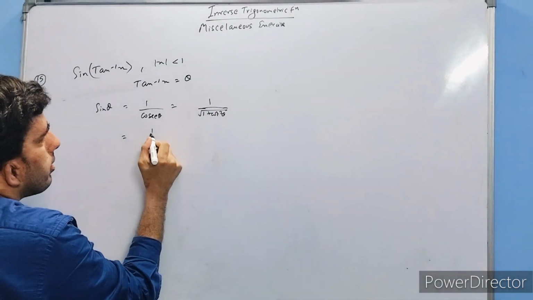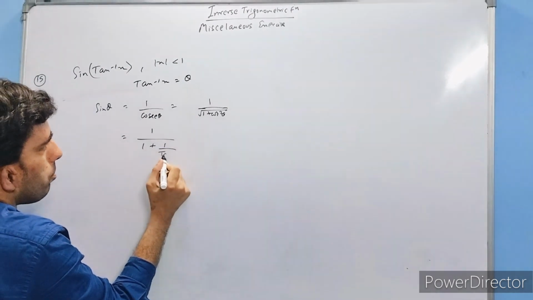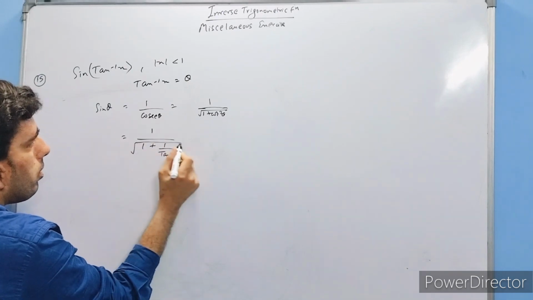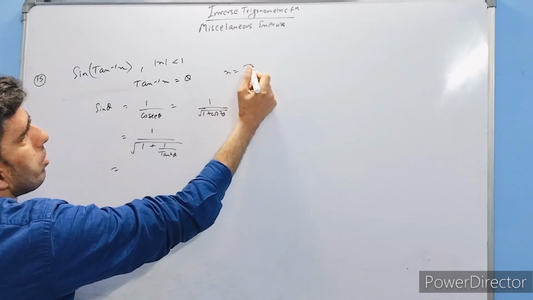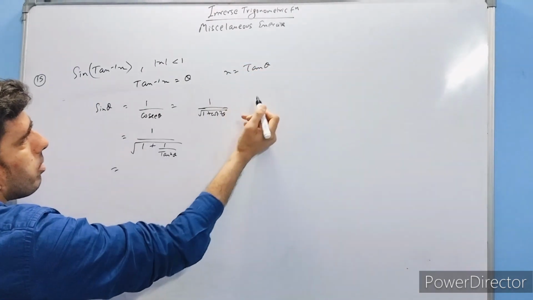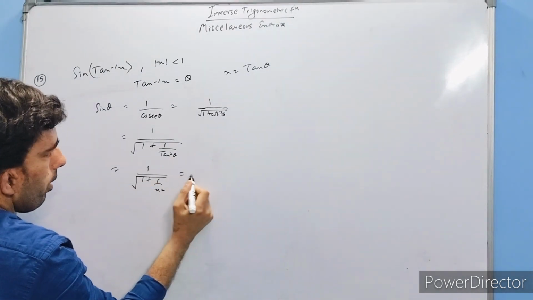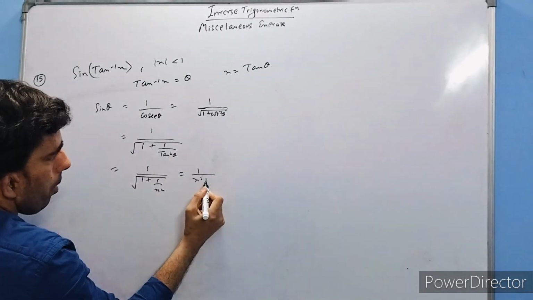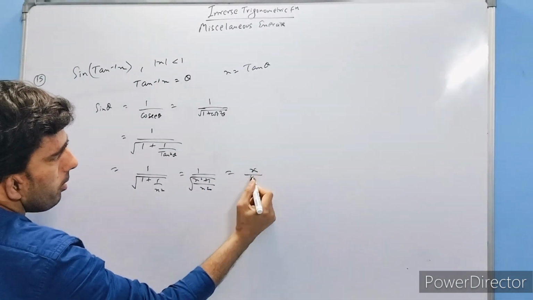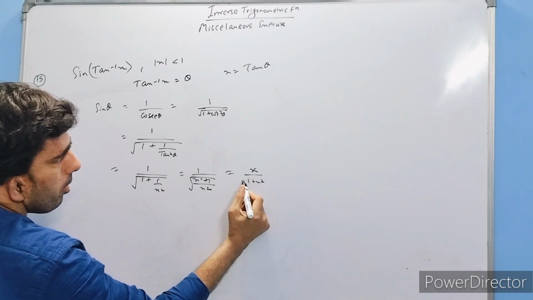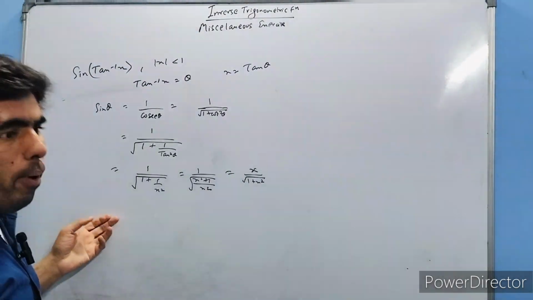We have the identity, so 1 upon root of 1 plus 1 upon tan square theta. So I can write x is equal to tan theta, so tan square theta is x square, so we'll have 1 upon root of 1 plus 1 upon x square, so we'll have x upon root of 1 plus x square. Okay, so that is how we can find such a value.